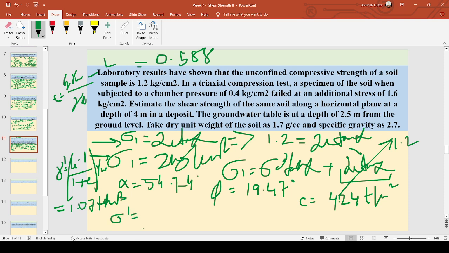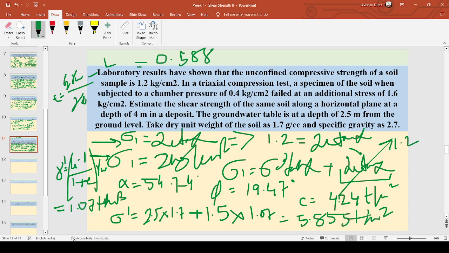As the first 2.5 meter is dry, 2.5 into 1.7 plus the next 1.5 meter is submerged, 1.5 into 1.07. We get the effective stress as 5.855 ton per meter square.